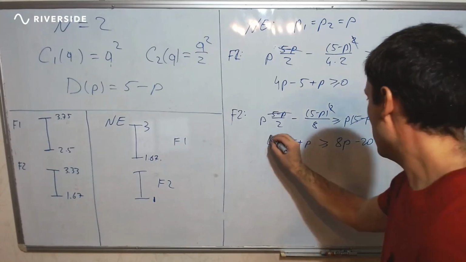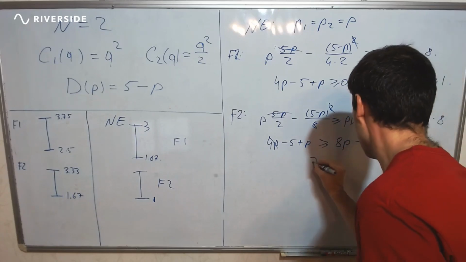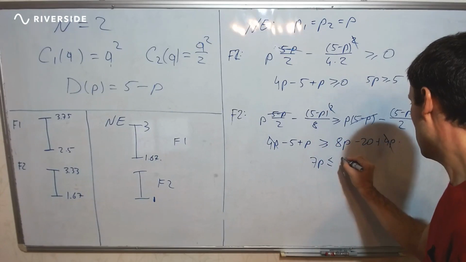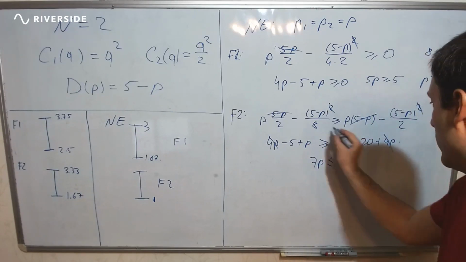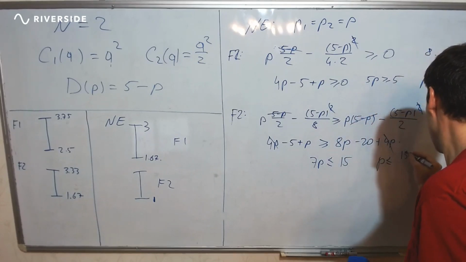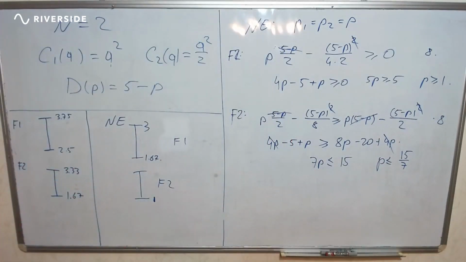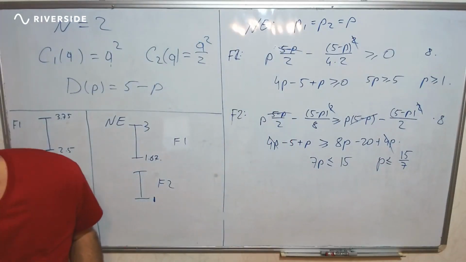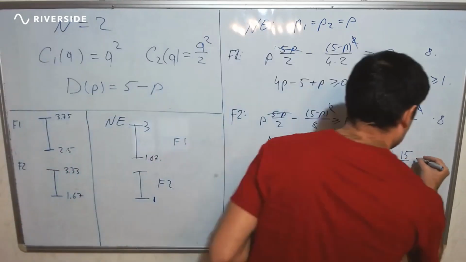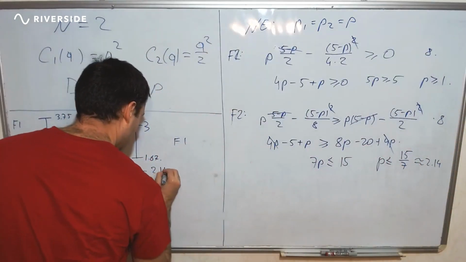Okay, so 4p cancels out. So we have 7p on this side, and we have 15. 20 goes here, so 15 on this. So p has to be less than 15 over 7, which is approximately 2.14. Okay, that makes sense. So 2.14.